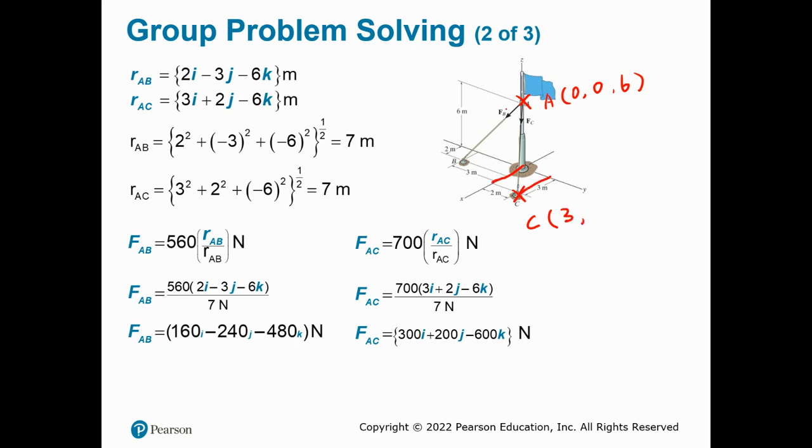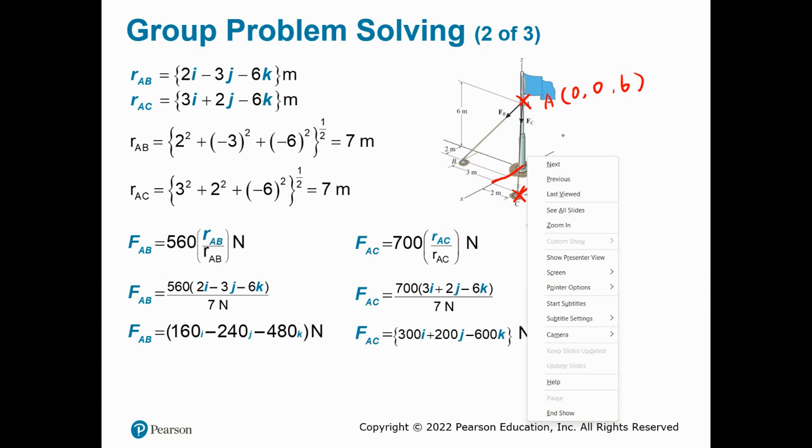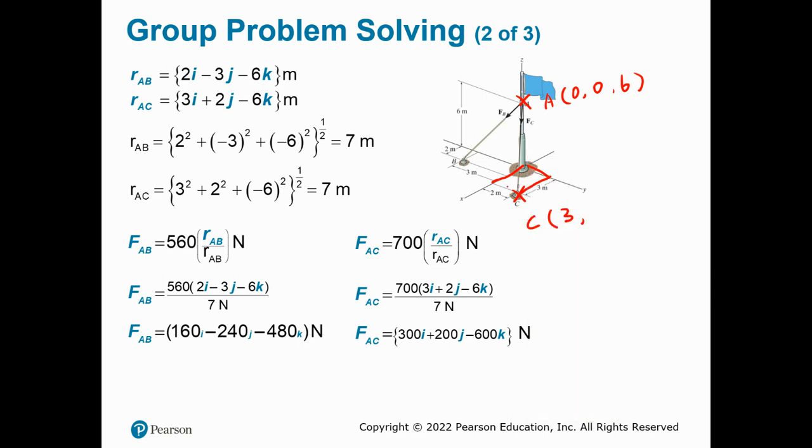Your y value for C is the same as this much, which is 2 meters. So you have 3, 2, and because it's on the xz plane, your z value is 0.